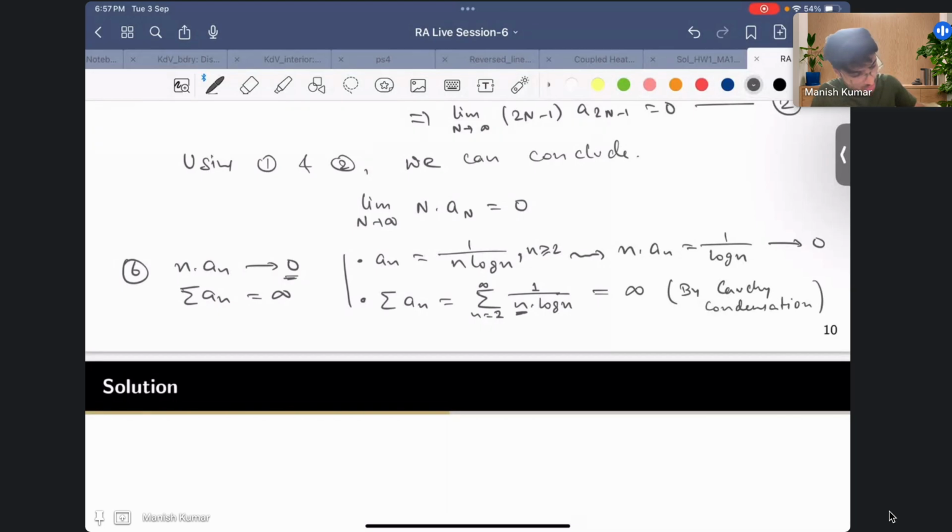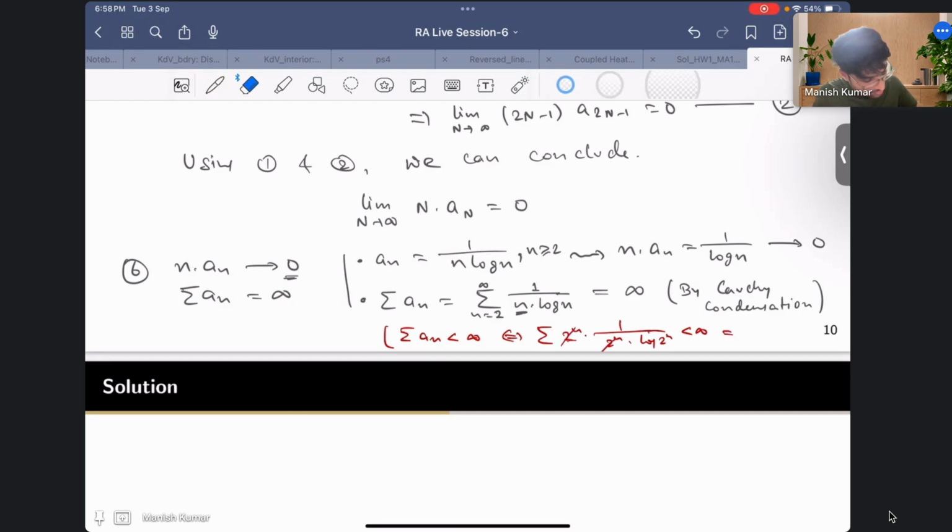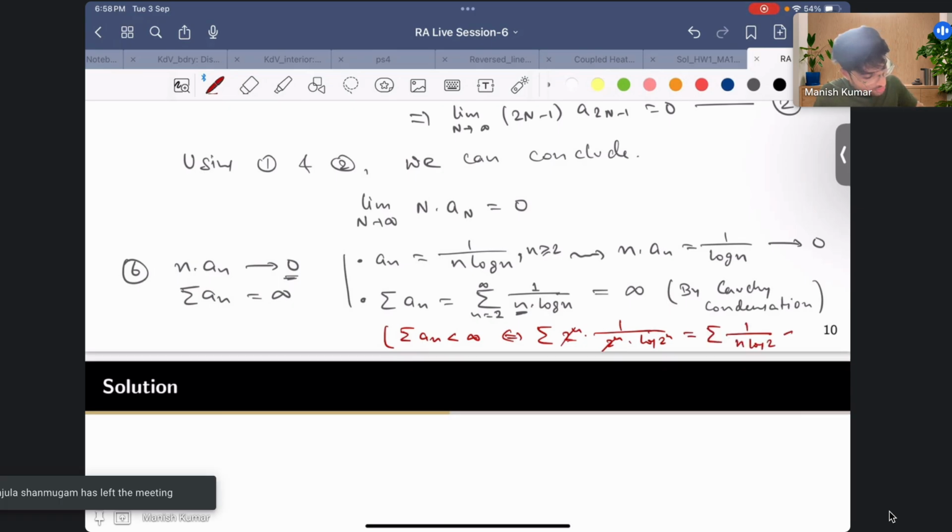So the summation a n is convergent if and only if summation 2 to the n times 1 by 2 to the n log 2 to the n is convergent. This will cancel out, and this is equal to summation 1 by n times log 2. This is divergent, so the original series is not convergent.